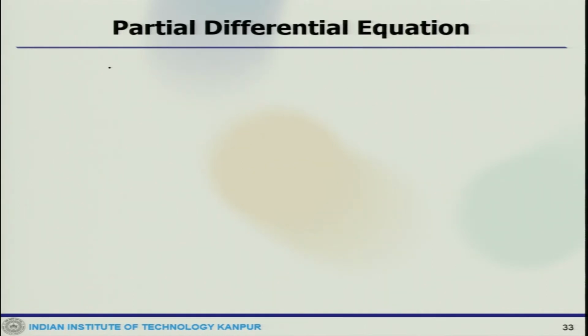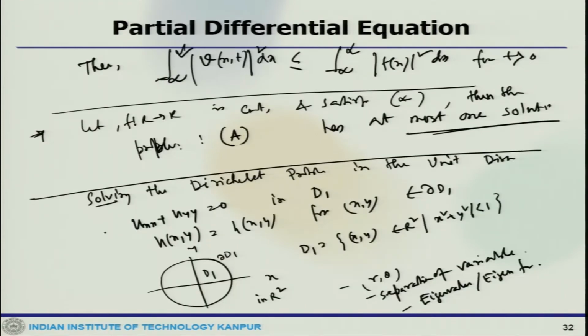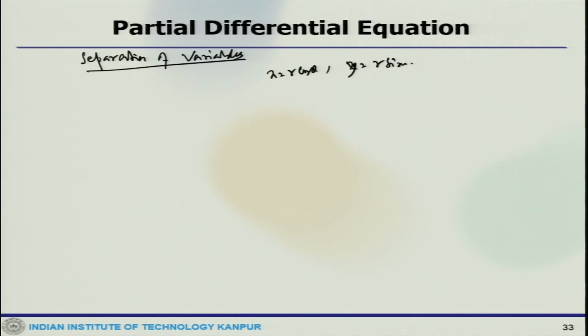Now, first look at the separation of variables. By looking at the symmetry of the domain, we said that x equals r cos theta and y equals r sin theta in polar coordinates. Now we exploit the linearity of the PDE and the boundary conditions given in this particular problem, problem A1, by superposing simple solutions of the problem.